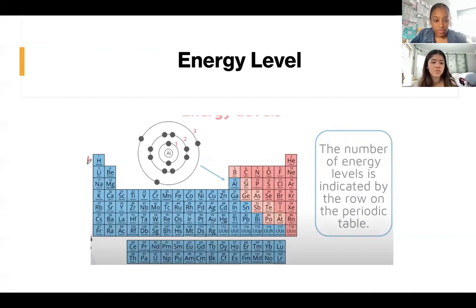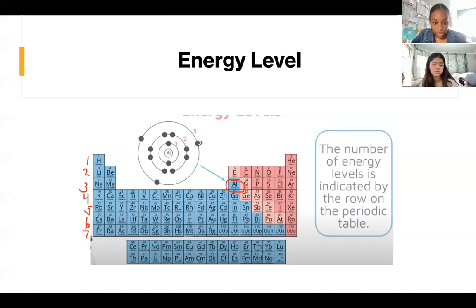Meaning this is 1, 2, 3, 4, 5, 6, 7, and these are all the different energy levels. And the Bohr model, in this case for aluminum, which is this one, shows that there are 3 energy levels for aluminum, because you can see this 1, this 2, and these 3.